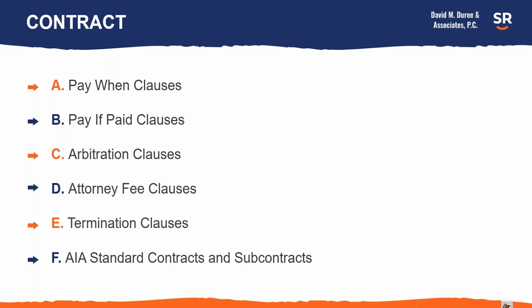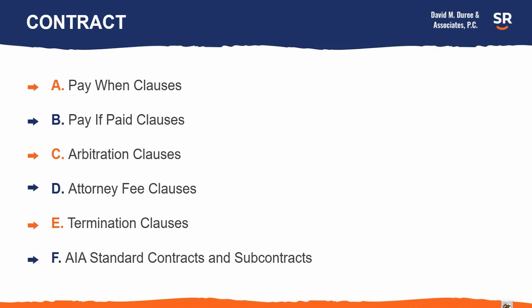But the pay if clauses, if the general contractor doesn't get paid, the subs and suppliers don't get paid. So you should be on the lookout for those kinds of clauses. Obviously, the general contractor would like to have a pay if paid clause. The subs and suppliers would not.